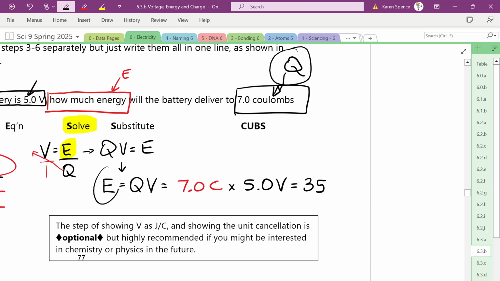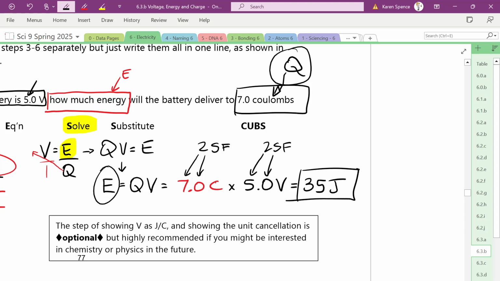And what unit should we have for energy? Joules. Stop at a reasonable number of digits. 2 is reasonable. It's also the right number of sig figs because here we have 2 sig figs and here we have 2 sig figs, because when there is a decimal, zeros to the right of non-zero digits are significant. So we're going to put a box around that and we are done.